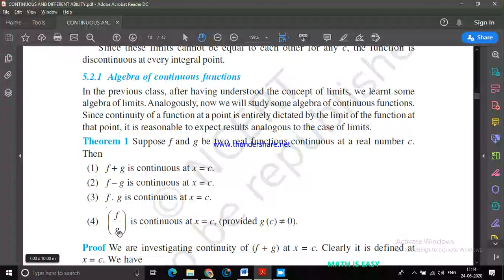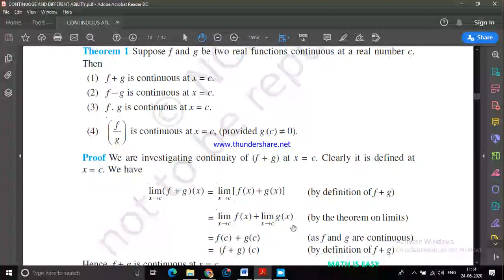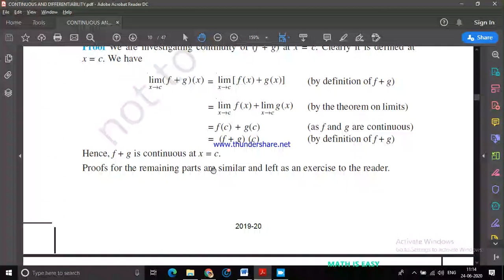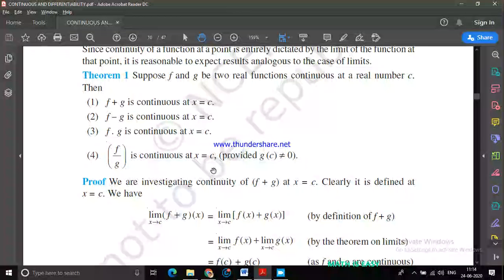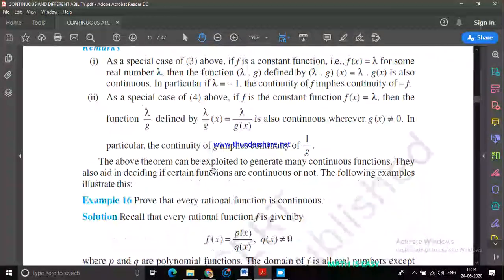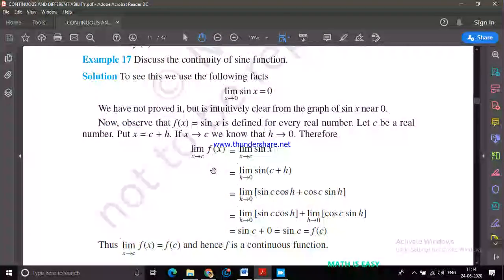The division of two continuous functions is again a continuous function, provided g of c is not equal to 0. If I want to discuss continuity of a function at c, then first check g of c, because g is in the denominator. Okay, so g of c should not be 0. Then sum, difference, quotient of two continuous functions are again continuous functions only. Okay, so these properties will help us a lot to understand and solve some questions easily.